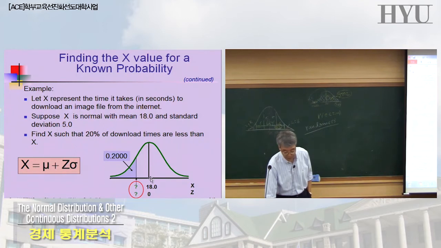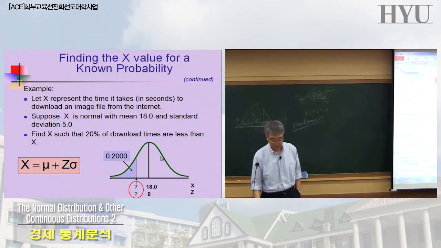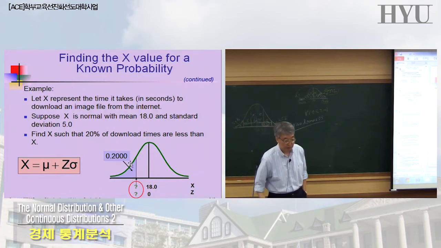And previously we asked, what's the probability that it will take less than 18.6 seconds, right? But this time, they want to find out, well, about 20% of the cases, they can even download it even faster than 18 seconds, right? What is that exact number of seconds here, right? That will give 20% probability, 20% of the cases, okay?